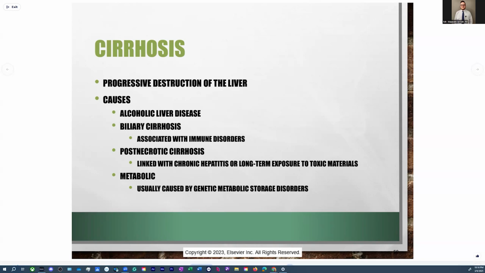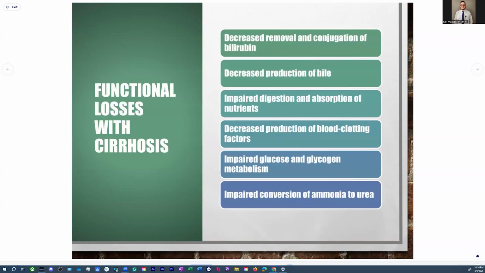Not all of them, a few of them. Other things are immune disorders that mess with the duct work of the gallbladder and the liver. Also, chronic hepatitis that you may have got completely not of your own fault. You could have got a needle stick at work, God forbid, and got hepatitis C. That could cause cirrhosis. There's other genetic links to cirrhosis as well.